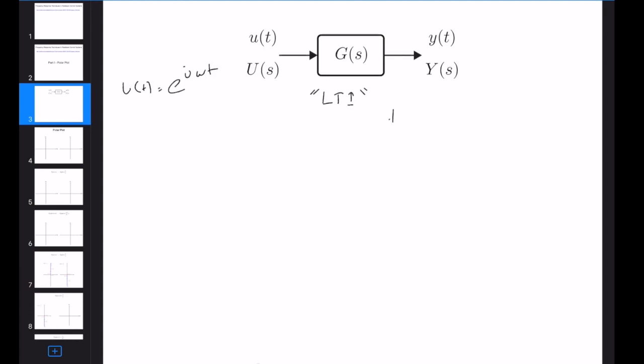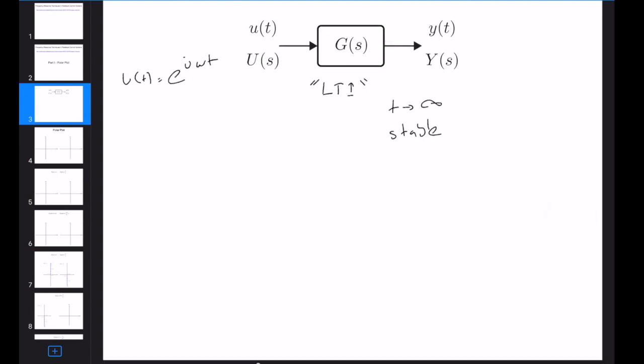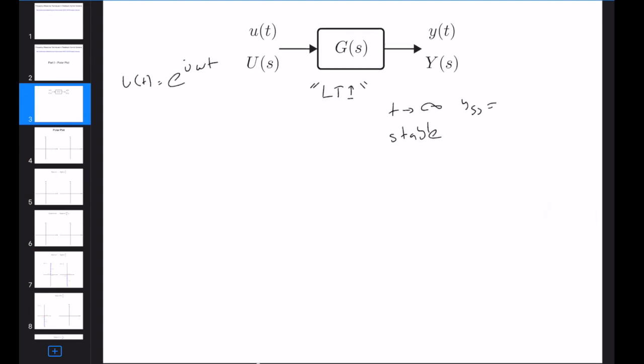If we wait enough, as t goes to infinity, such that the transient dies, and we assume that the system is stable, then at steady state the output will look like m times e to the power j omega t plus some phase.